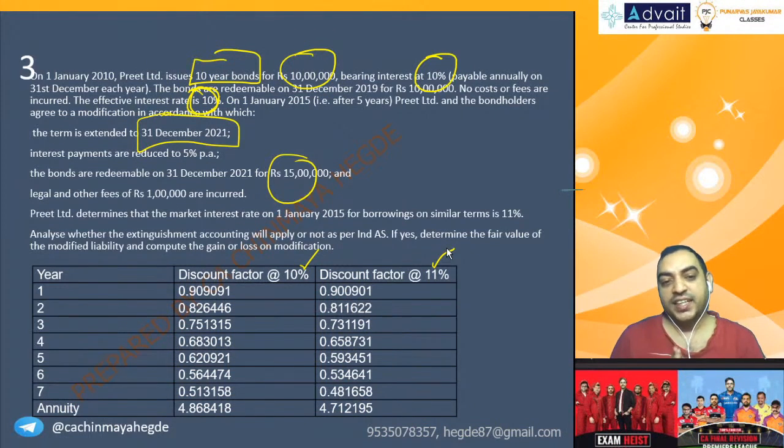Can you tell me how much is the carrying amount? Have they given the carrying amount in the problem, or should we compute it?